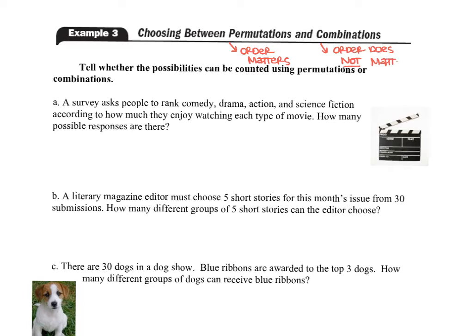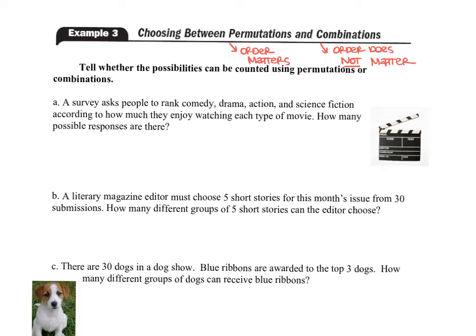In the problems that you just did, number 3 and number 6 would be combinations. The order does not matter. Number 3 was talking about groups of songs. So if you played song 1, 2, 3 or 3, 2, 1, that's the same group of songs. The order doesn't matter. And we already talked about the pizza topping one. Okay, so all we're going to focus on today is looking at a problem and telling if it is a permutation or a combination, because that's the first step to solving these problems.